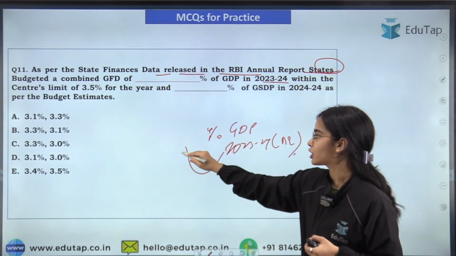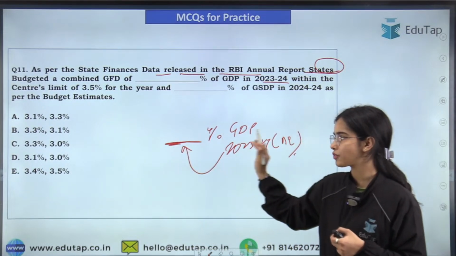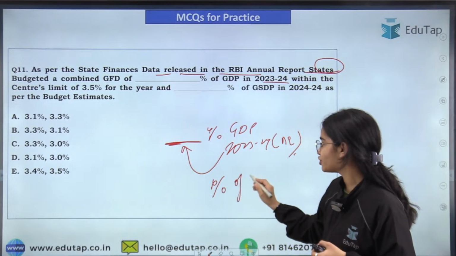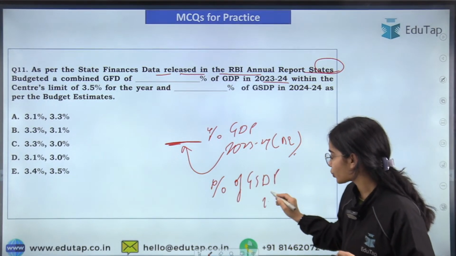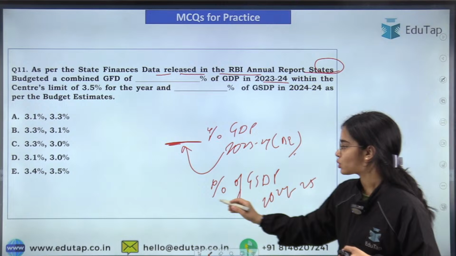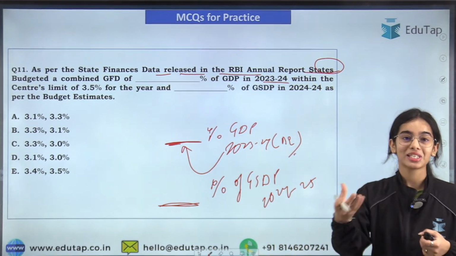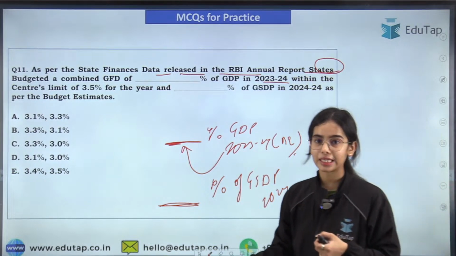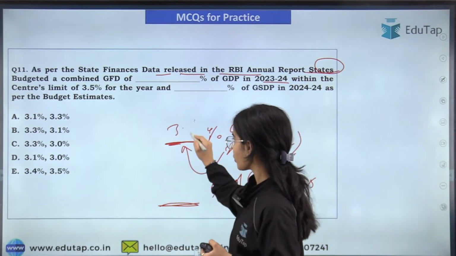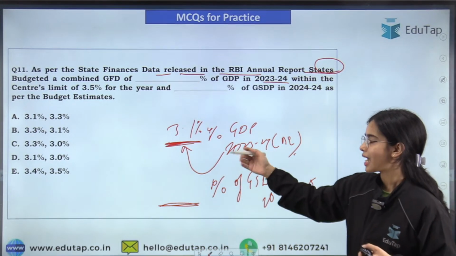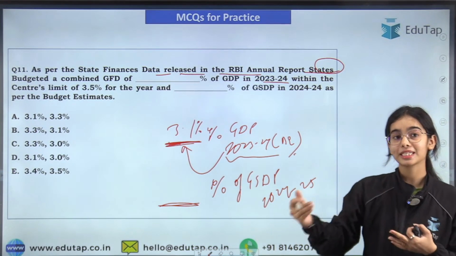As per that, the gross fiscal deficit was what percentage of the GDP? As compared to this, if we talk about the percentage of GSDP for 2024-25, the gross fiscal deficit is budgeted at what? So it is 3.1%. Okay, so 3.1% of the GDP as per the 2023-24 budget estimates.